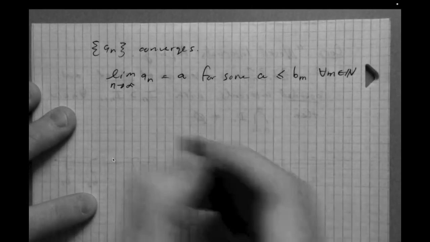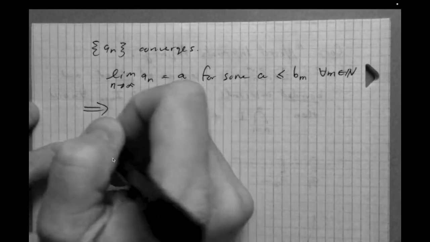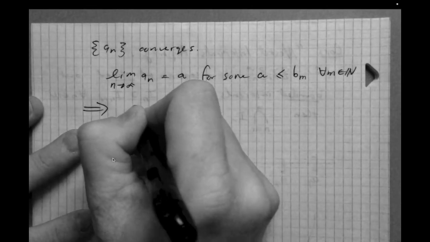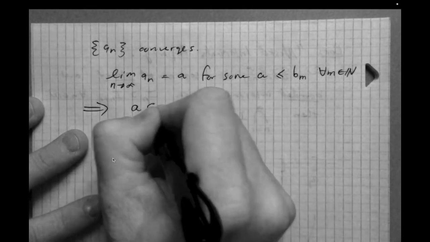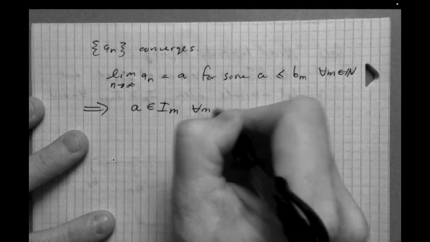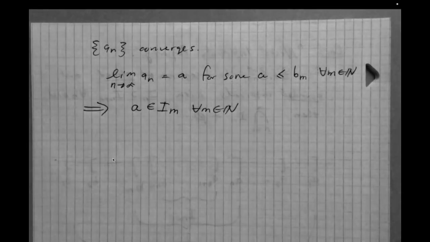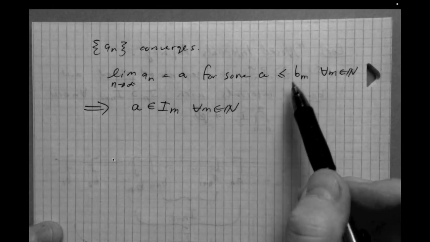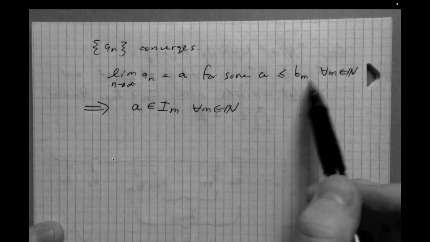Okay. So what does that mean? Well, what that means, if you think about it for a moment, is that whatever A happens to be, it must be in all of these intervals. Obviously, A is greater than or equal to all of the A sub n's, and we can see here also that A must be less than or equal to all of the B sub m's.